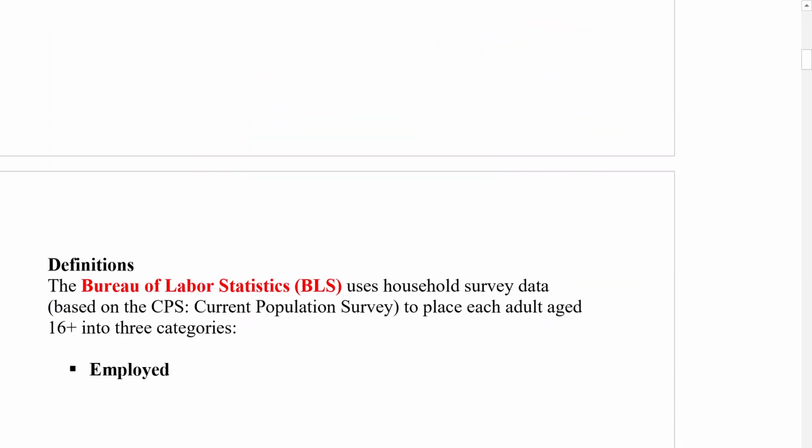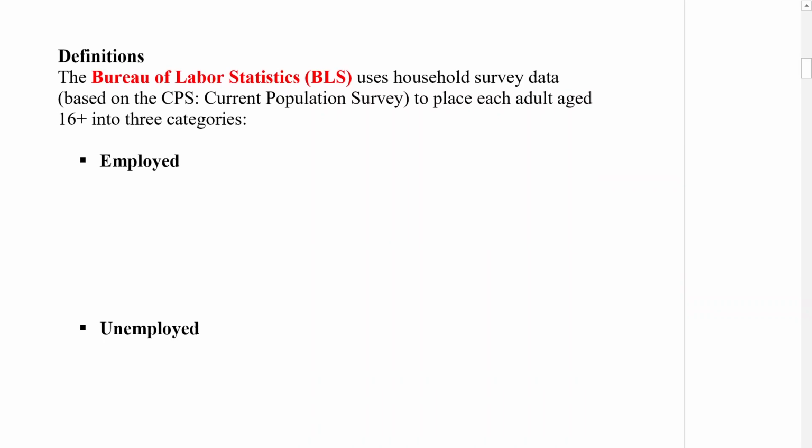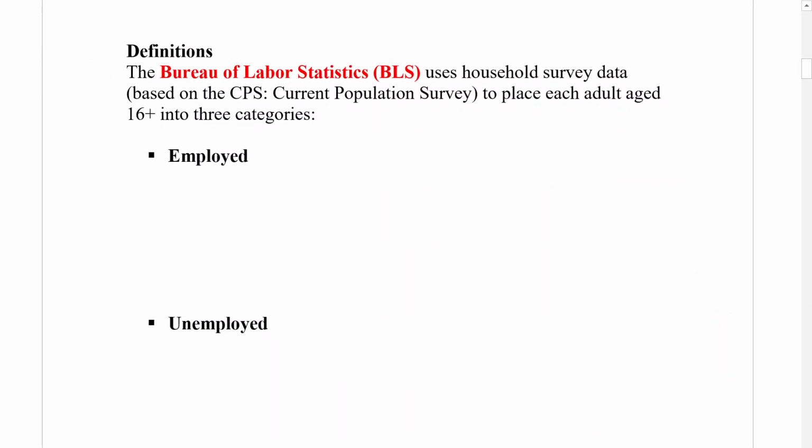Okay, so let's go ahead and dive into what exactly unemployment is and how we measure it, because there are a few specific things about its measurement which make it a little bit nuanced in how we look at it. And what I'm hoping you'll come out of this series of videos with is thinking and understanding that if you need to be looking at or analyzing economic labor market statistics, I really think it's important to look at more than just the unemployment rate. So you're going to see why here in a second.